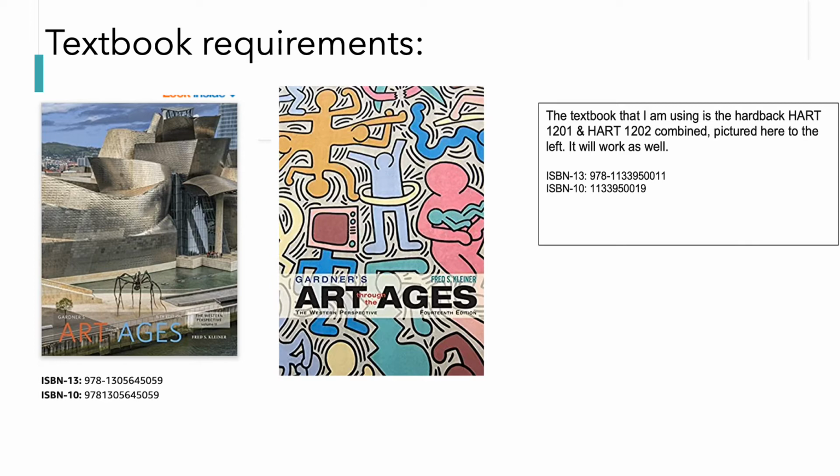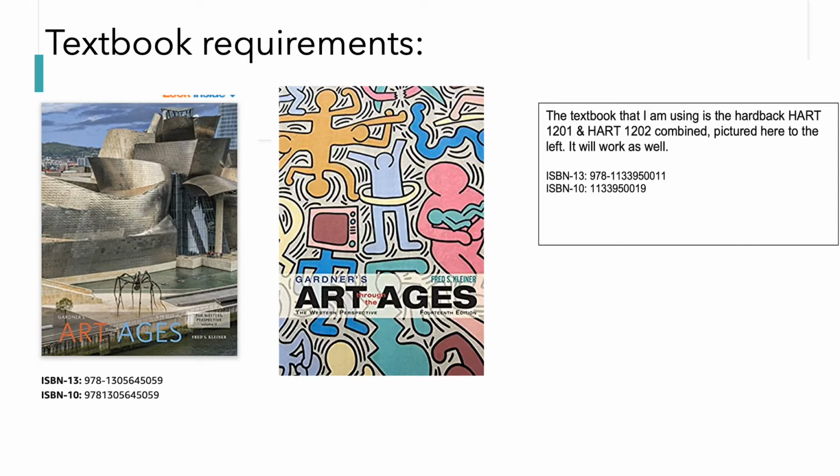The textbook that you see on the left with the modern looking building and the spider in front is actually a paper-bound version of half of the textbook. It is volume 2. It is Gardner's Art Through the Ages, Renaissance to Contemporary, volume 2.